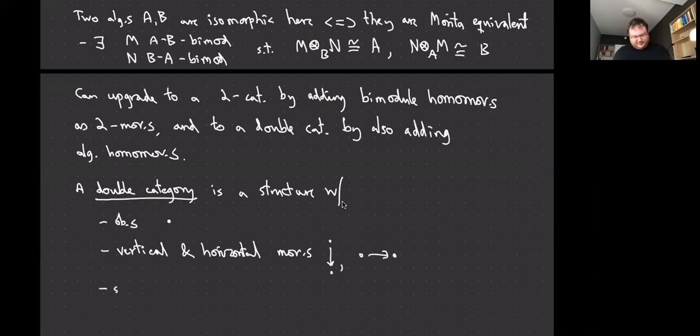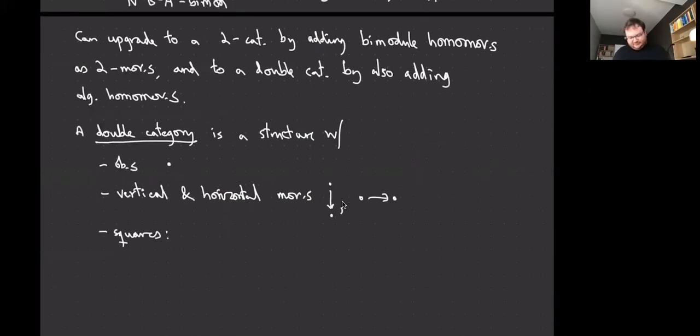And then we have a two-dimensional structure, which is a collection of squares. So they have a boundary that looks like this. The boundary of the square gives you two horizontal morphisms and two vertical morphisms whose sources and targets match up like this. And we should be able to compose the morphisms, and we should be able to compose these squares both vertically and horizontally.